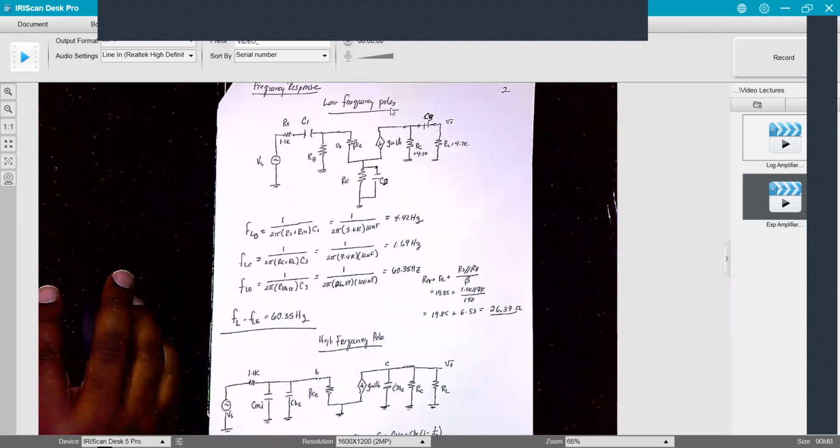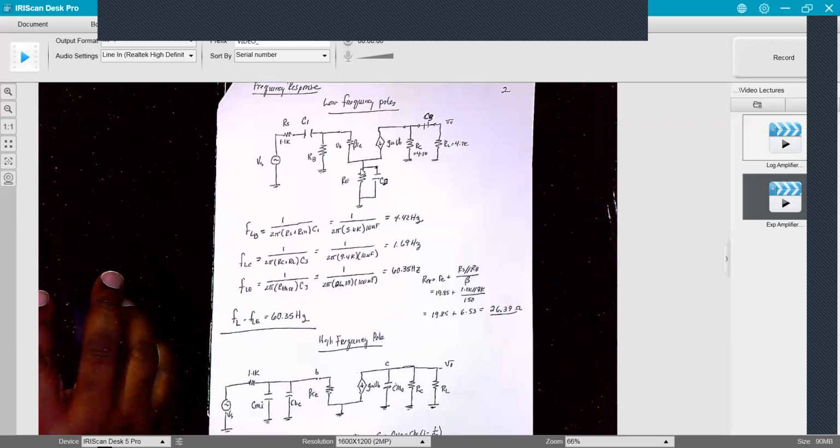And the approach to doing this is, when you have multiple active elements in a circuit, like these capacitors here, to find the pole associated with one capacitor, you set all the other capacitor values to 0.